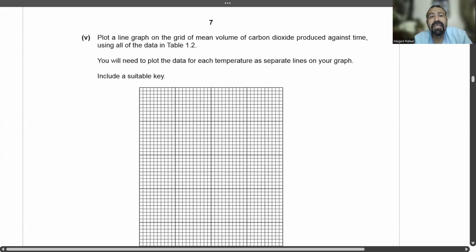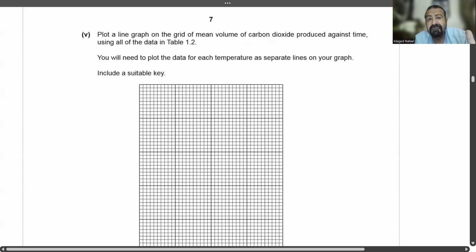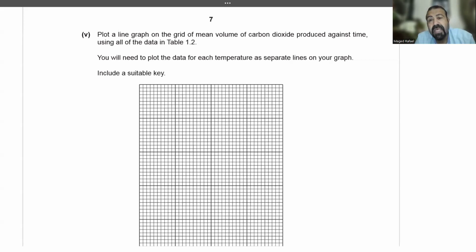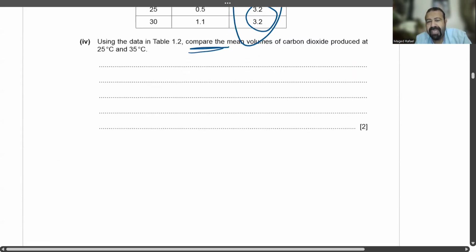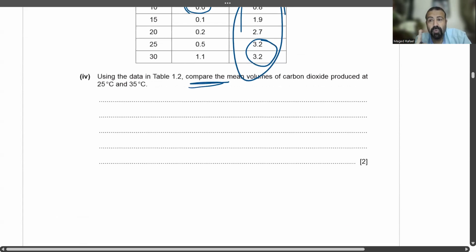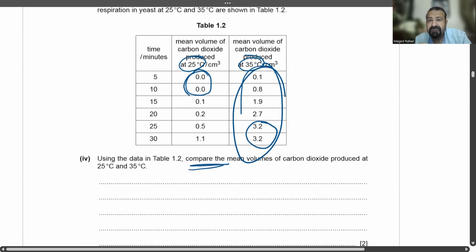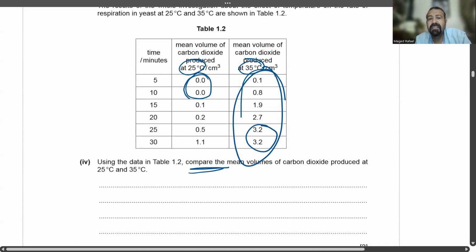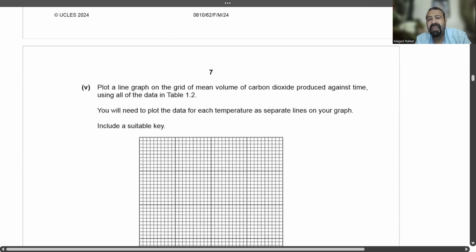He wants you to plot a line graph on the grid of mean volume of carbon dioxide produced against time using all of the data in table 1.2. You will need to plot the data for each temperature as separate lines on your graph and include a suitable key. Fine. The most important thing is that he wants 2 line graphs for 25 and 35, and the time is the independent variable.